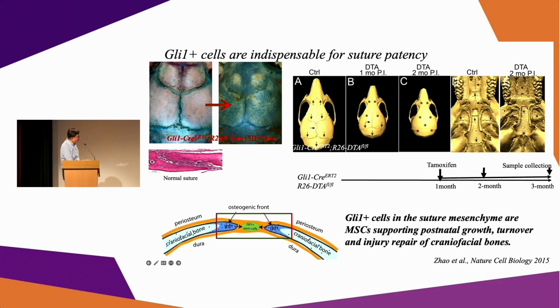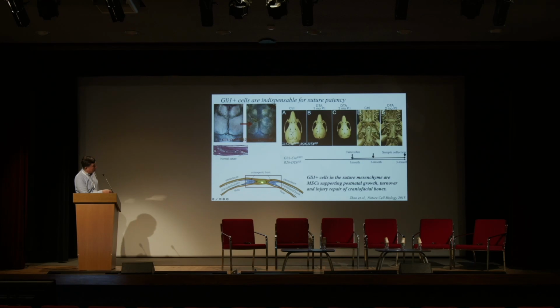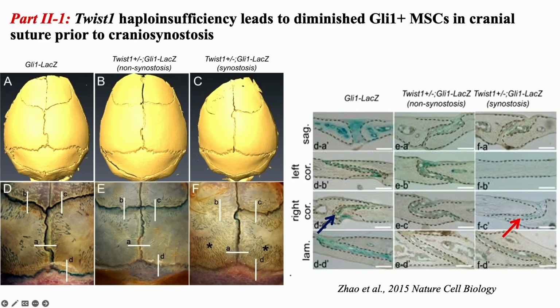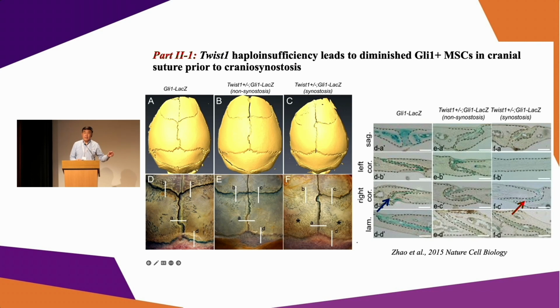So our model is basically that the GLI1 positive cells within the suture migrate into the periosteum or into the dura and help to support calvarial bone expansion and bone turnover. So naturally, we would hypothesize that in a mutant animal model like TWIST1, which mimics the human condition with suture fusion, perhaps we would see a diminished number of GLI1 positive cells prior to suture fusion.